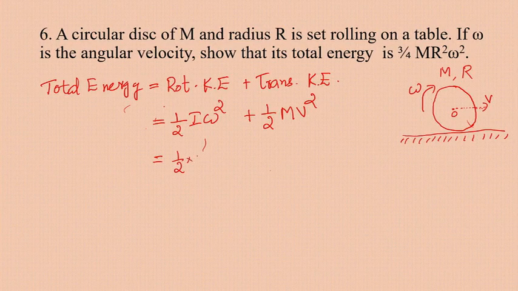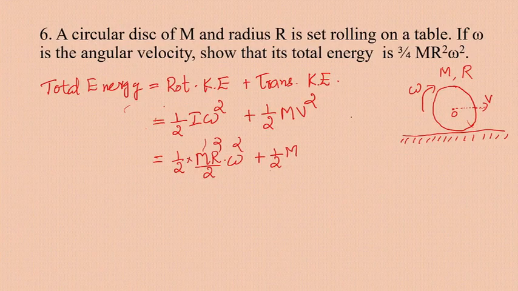That is half into m r square by 2 into omega square, plus the translational kinetic energy. So we have to express the velocity in terms of omega. We have the relation v is equal to R omega. So instead of v, we can substitute this value: half m R square omega square.